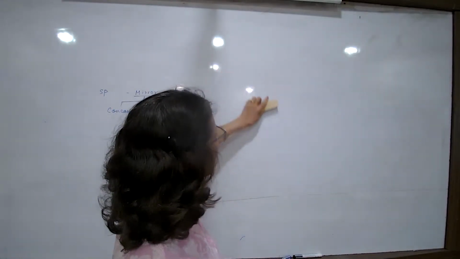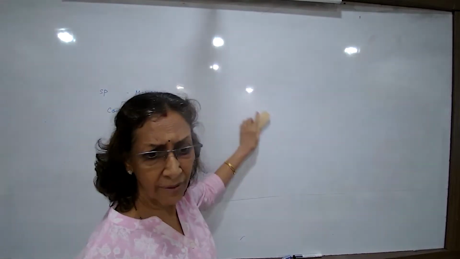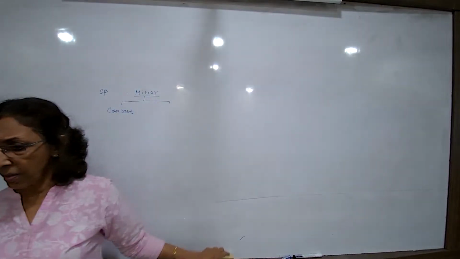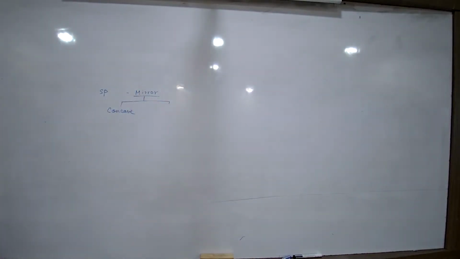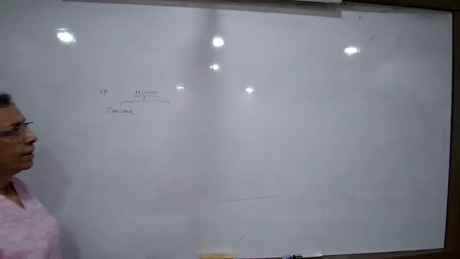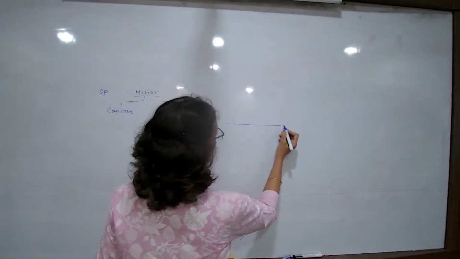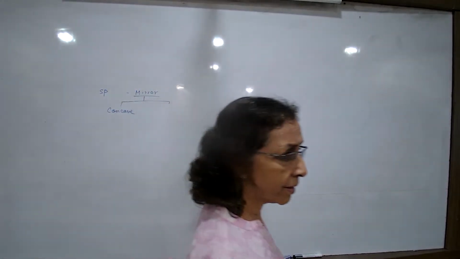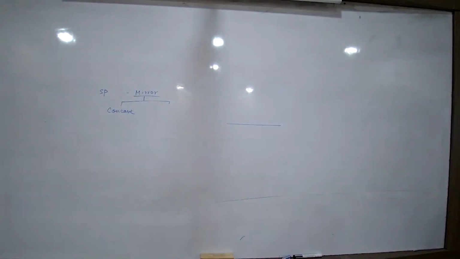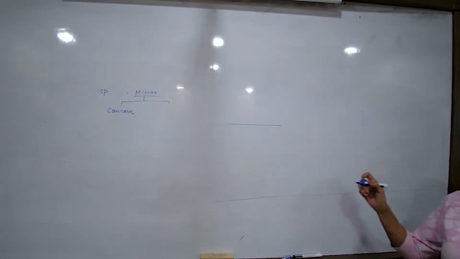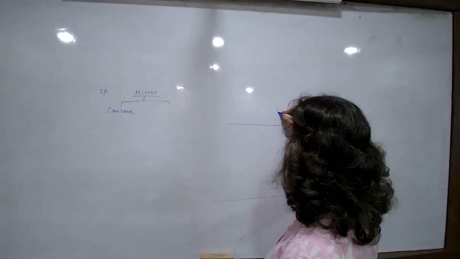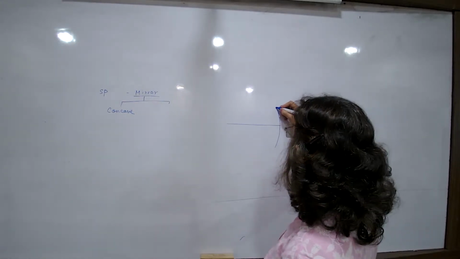You have a scale at least? All of you have a scale, a ruler? At least do that. Come on. Draw a line on the line of your page, not in between. Okay, I'll give you stepwise instructions. Draw this. Then you draw freehand. You can draw your concave mirror.